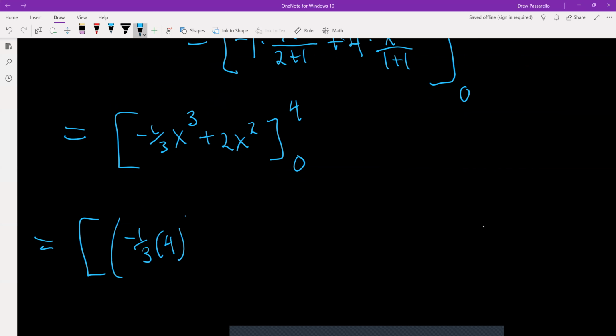Plug 4 in, that's your upper limit of integration, and then plug 0 in for x. Of course, when you plug 0 in, that's going to give you 0 because the only terms have x.